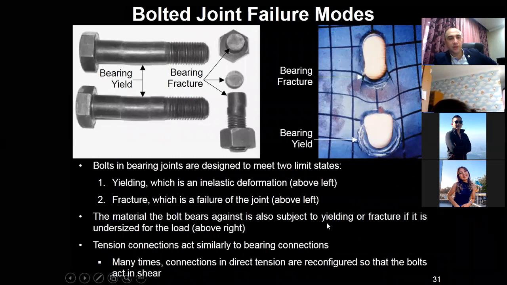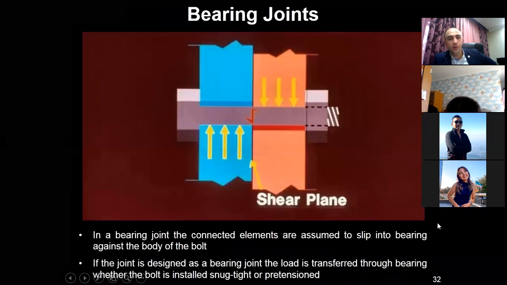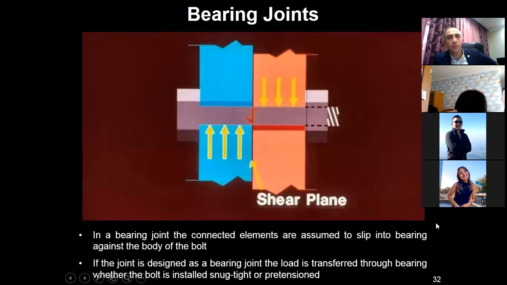Tension connection acts similarly to the bearing connection. Bearing joints. Here is the principal scheme of the bearing connection. In a bearing joint, the connected elements are assumed to slip into bearing against the body of the bolts.